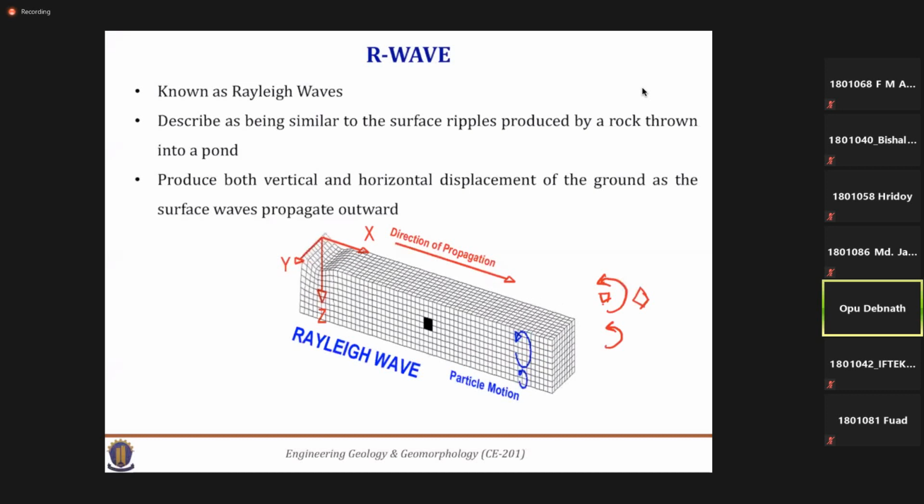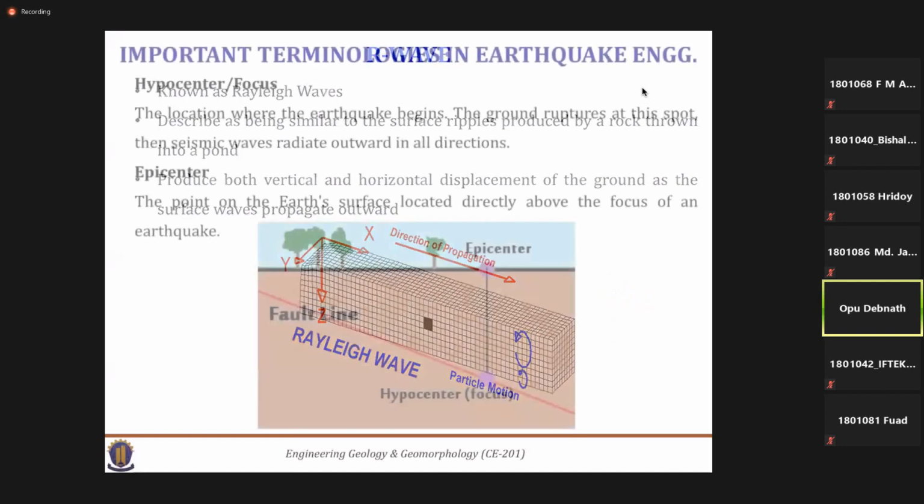In the previous cases, it is either one direction, either a horizontal movement, or a vertical movement, or the transverse shear movement. But in the Rayleigh wave, it will propagate in such a way that the soil particles will face the vertical and the transverse displacement as well.